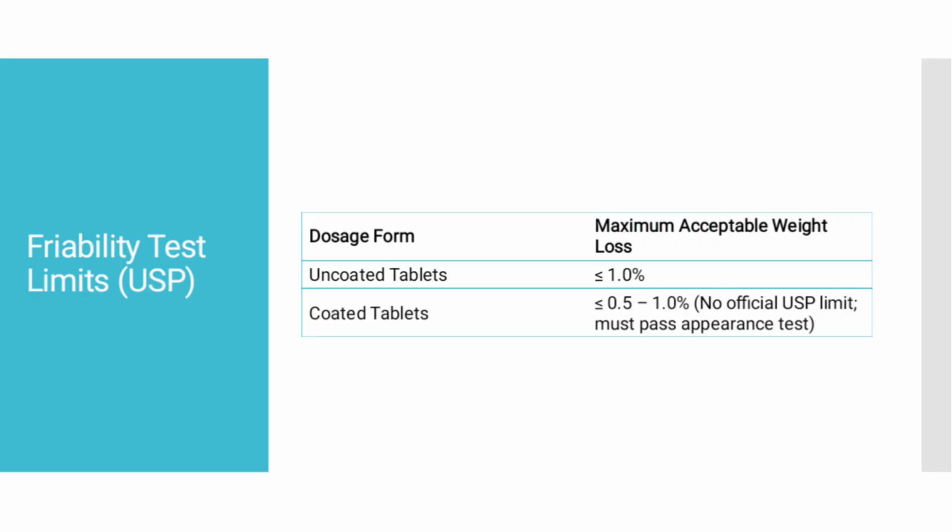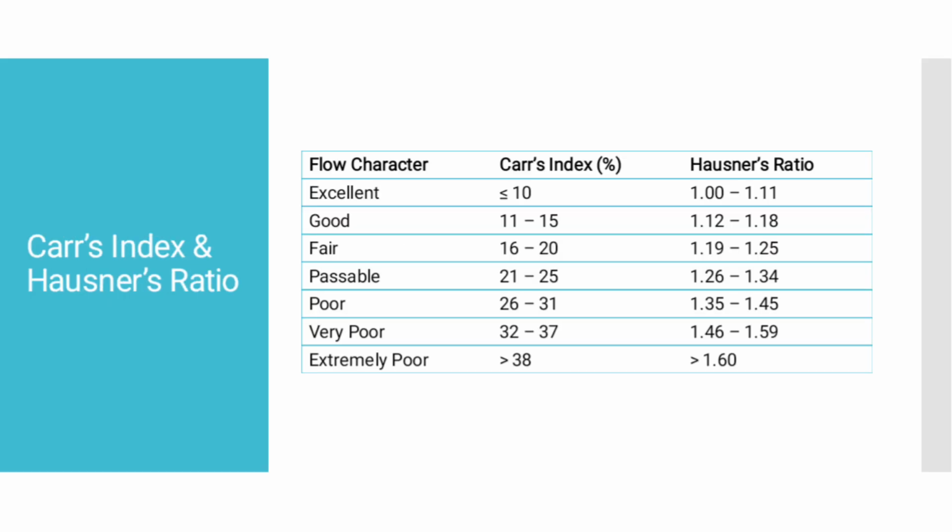Whereas for coated type of tablet, there is no official USP limit, but generally the acceptable loss is 0.5 to 1%, and tablet must pass the appearance test. Okay, so friability test is mainly applicable to uncoated tablet. Remember, moving to next. So this is about Carr's index and Hausner's ratio.